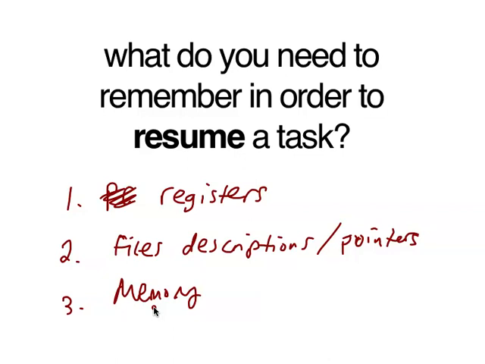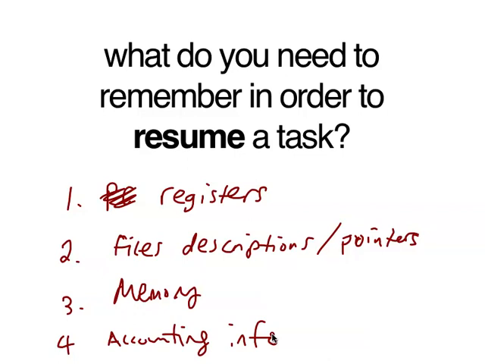This includes things like how much CPU time this task has used, or how long this task has been running. This information is what we call accounting information. So this is basically information associated with individual tasks, to say how long it has been running, how much memory it's using, and so on. This is just for bookkeeping.